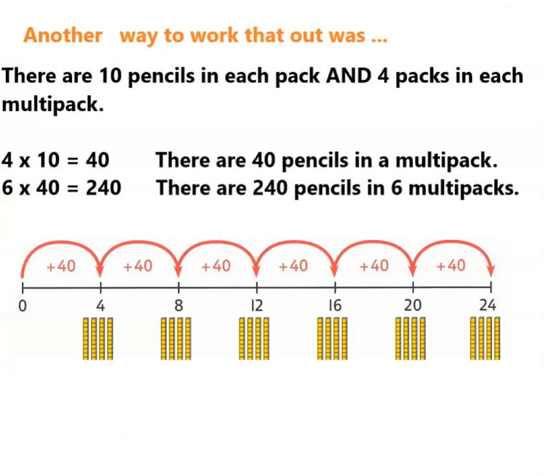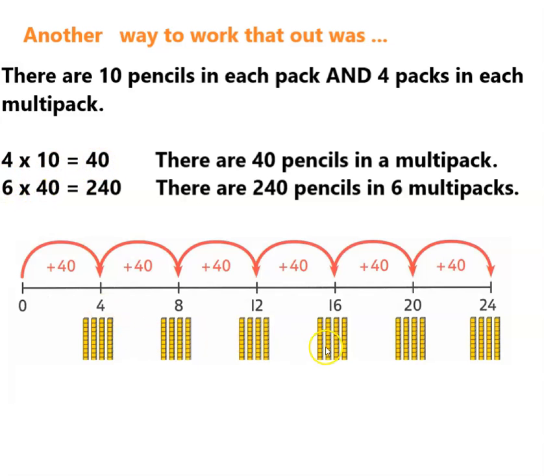Another way to work that out was, there are 10 pencils in each pack and 4 packs in each multi-pack. We know that. So if you look at the 6, 1, 2, 3, 4, 5, 6, that would represent the 6 multi-packs. And you can see that each multi-pack will have 40 pencils in it. 4 times 10 is 40.